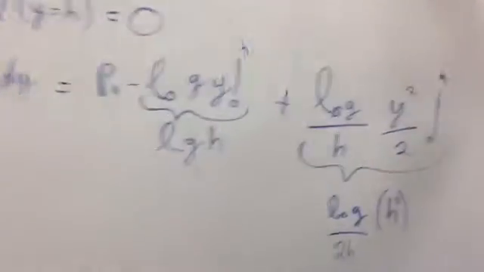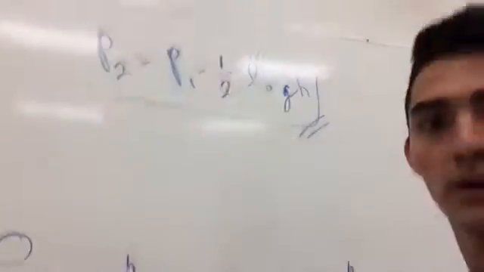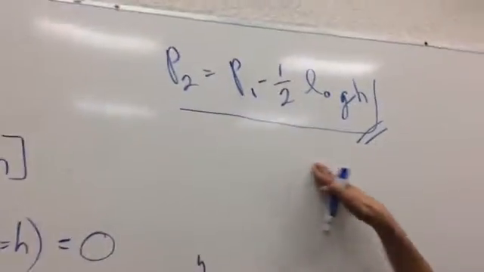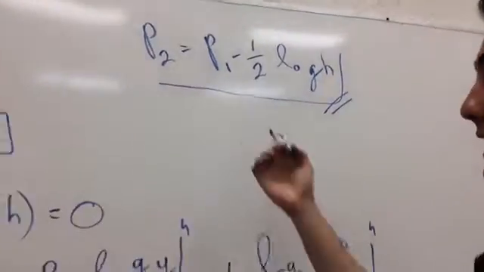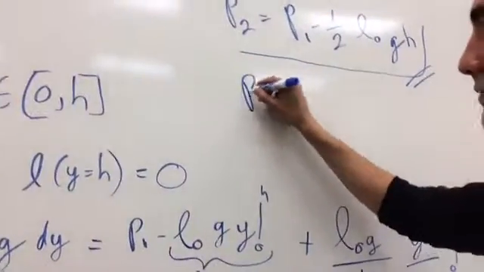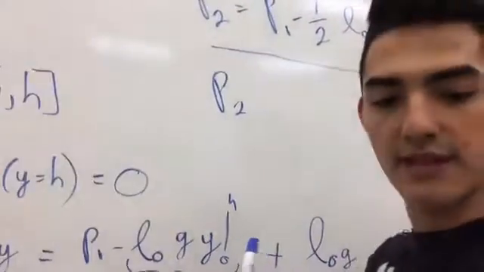Using this equation, we can now substitute the values, but as we can see, pressure 2 is equal to 0, as it says here.